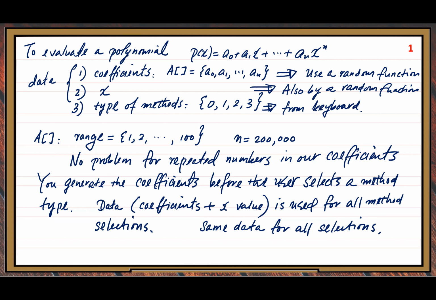Then you expect to produce the same result. So we expect all those functions, all those methods, to produce the same result.